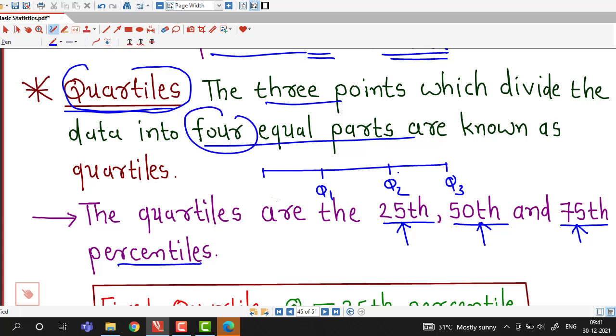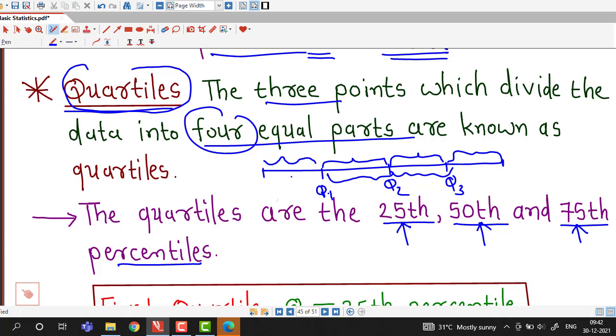So there are 3 quartiles and we will have 4 equal parts. We can see here 1, 2, 3, and I have missed one here. Here I should write 1. So these are 4 equal parts. Quartiles are 3 points which divide the data into 4 equal parts.